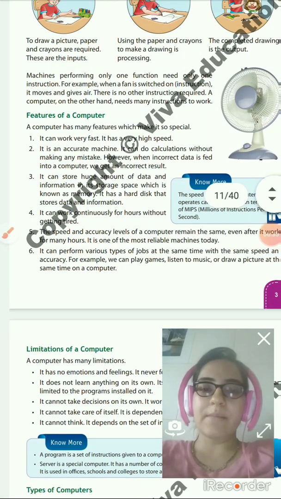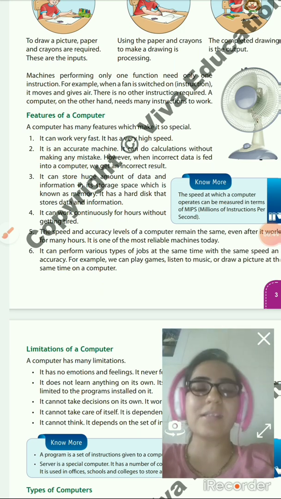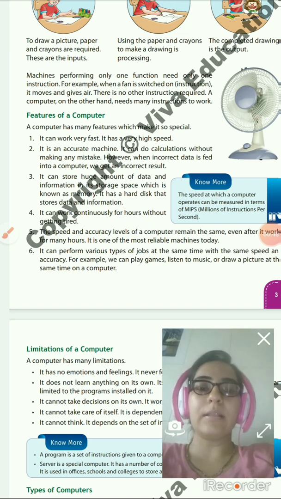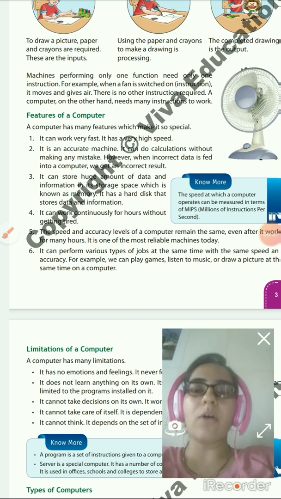For example, a human being has a brain in which all the data is stored. You remember all the things in your brain. In the same way, the computer also remembers and maintains the data, which is called the memory. Where does the computer record the data? In the memory.